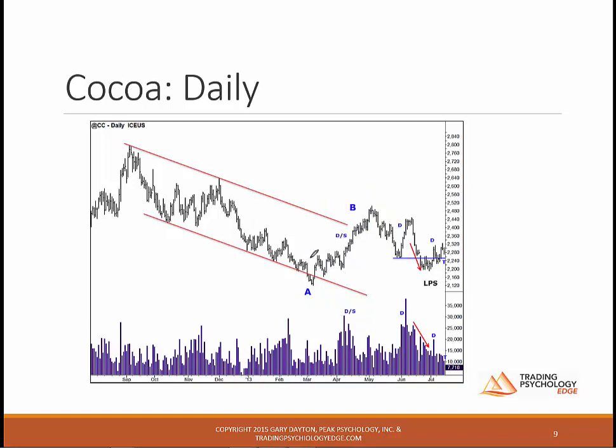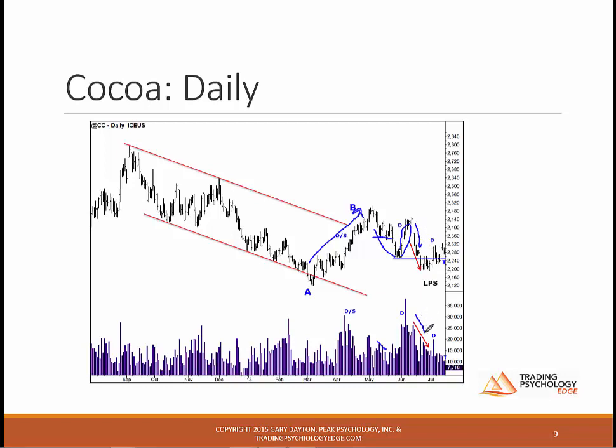So we can certainly say that buyers are stepping up to the plate here, and that sellers are not very strong, although they do take the market down. Maybe we would have liked to have seen them hold at a higher level in here, but that doesn't happen. Demand comes back in, but then suddenly supply is pushing the market down as well. Although look at what happens.